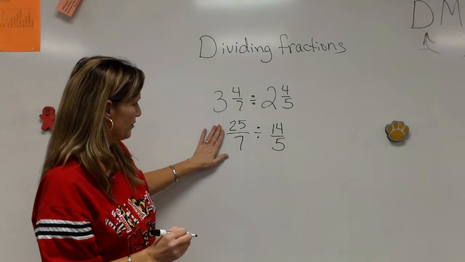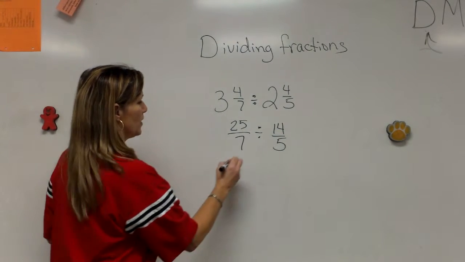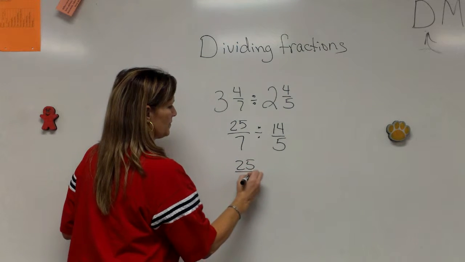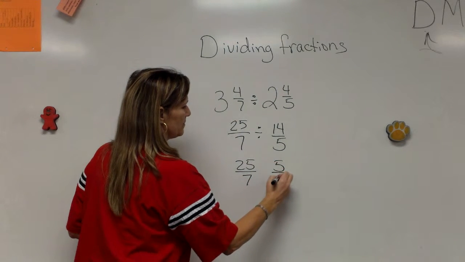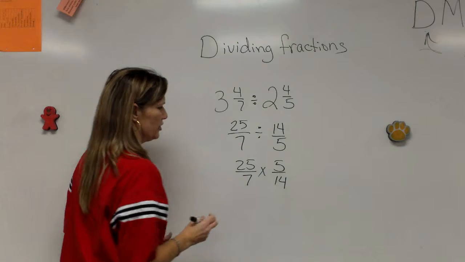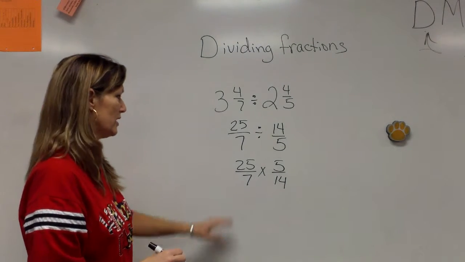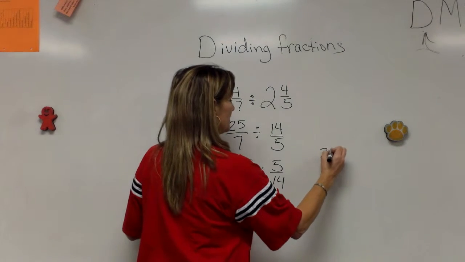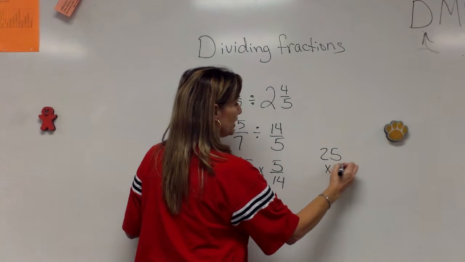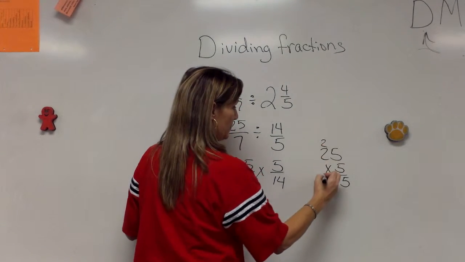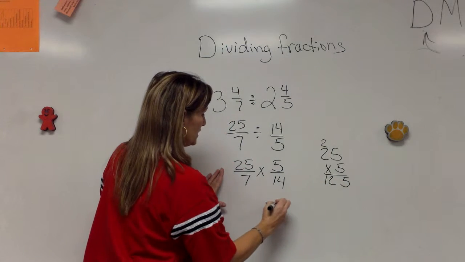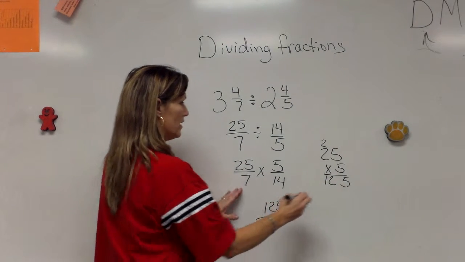I have my improper fractions now, so I'm going to keep it. I'm going to flip it, and I'm going to change it. Okay, there is nothing that I can cross-reduce here. I'm going to have to go over here to the side, and I'm going to have a really big number, but that happens sometimes. So we just have to be ready for it.